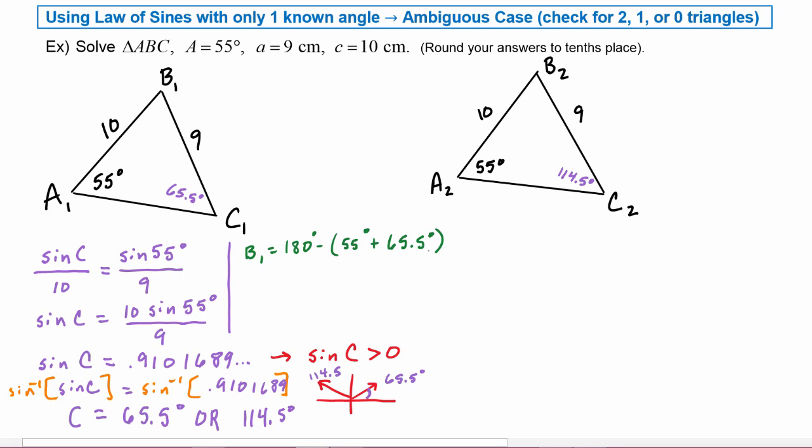Enter that in your calculator. And we find out that B1 is equal to 59.5 degrees. Let's get that in our picture.